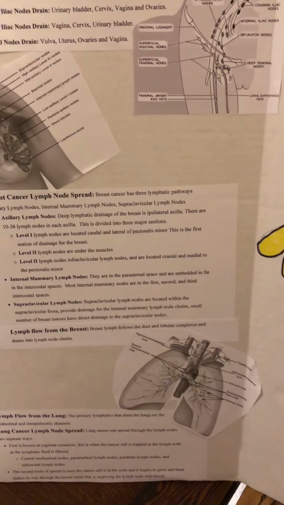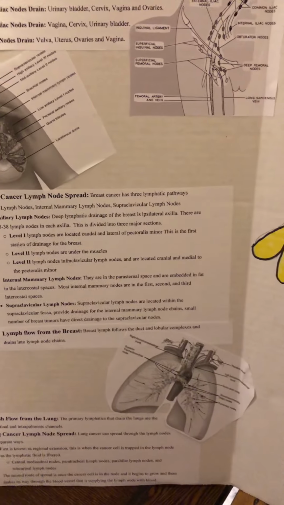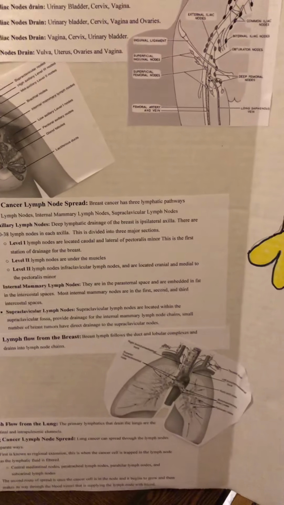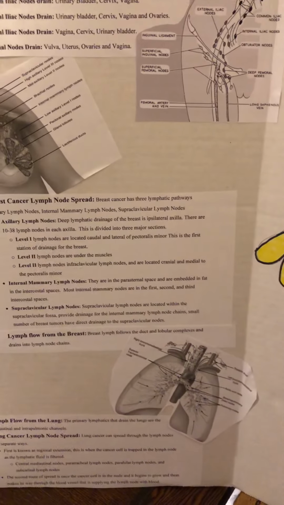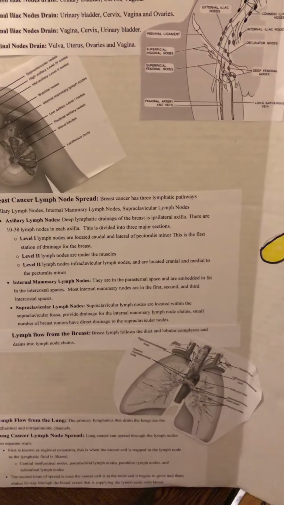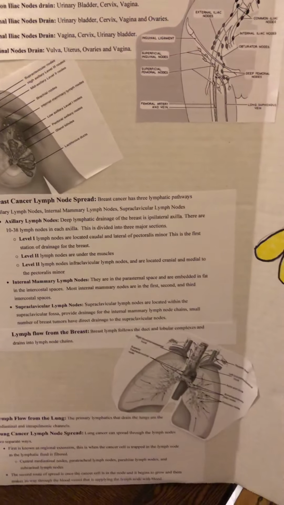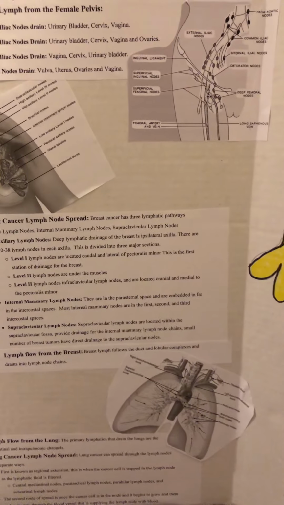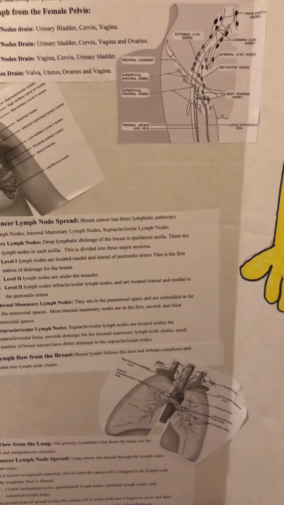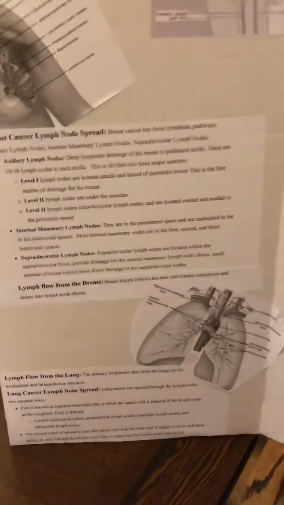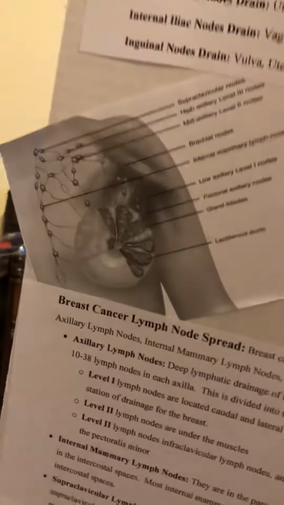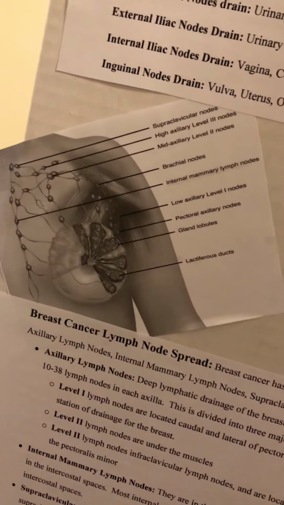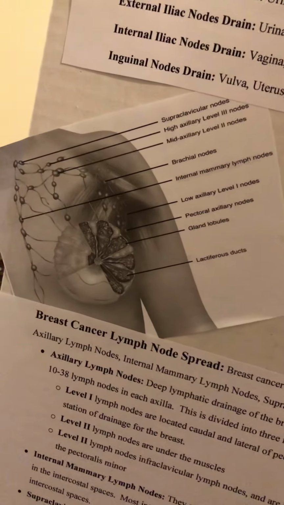Supraclavicular nodes are located within the supraclavicular fossa, and they provide drainage for the internal mammary lymph node chain. A small number of breast tumors have direct drainage to the supraclavicular nodes. And there is an image for you to see the breast cancer and the nodes that are involved in that.